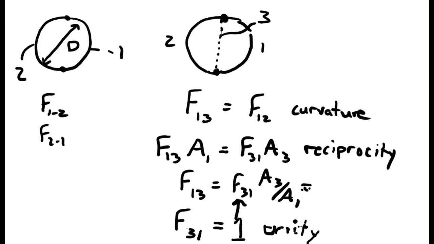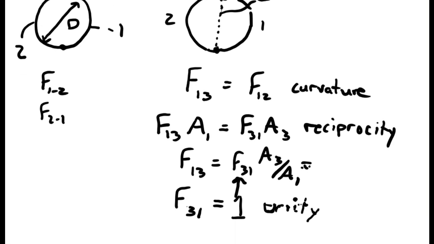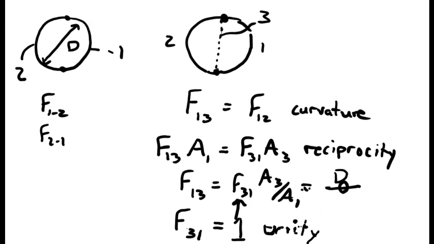Well, if you look up here, 3 is just the diameter of the circle. So we can write a3 as d, the diameter. So then what is a1? Well, a1 right here is half of the circumference.